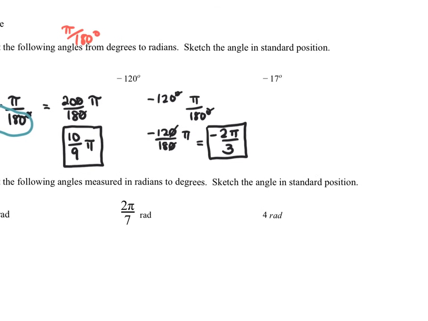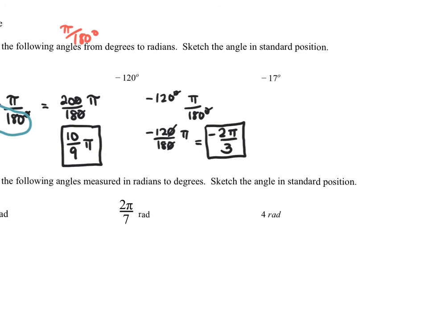Same thing for the last one. We have negative 17. So negative 17 I'll multiply by pi over 180. Now in this case, you really can't simplify 17 and 180, so my answer is simply going to be negative 17 pi over 180. And that's fine. We like to reduce the fraction if we can, but there are cases like this one where you can't.